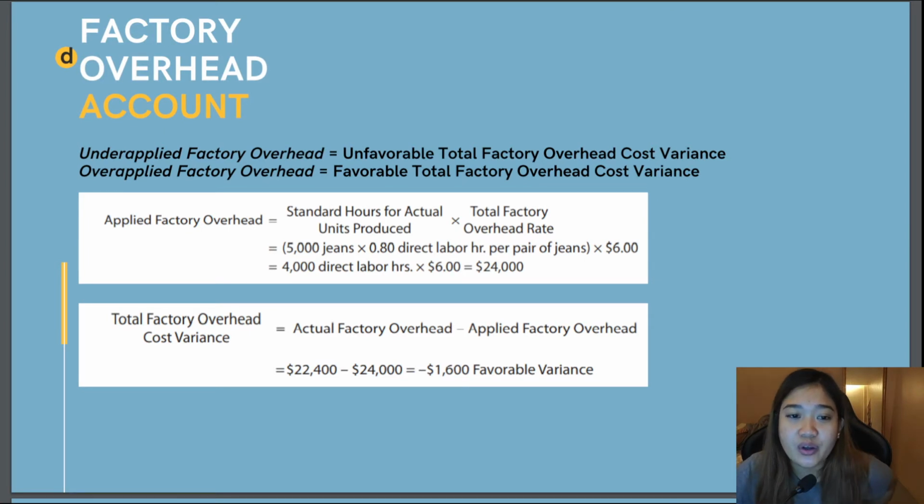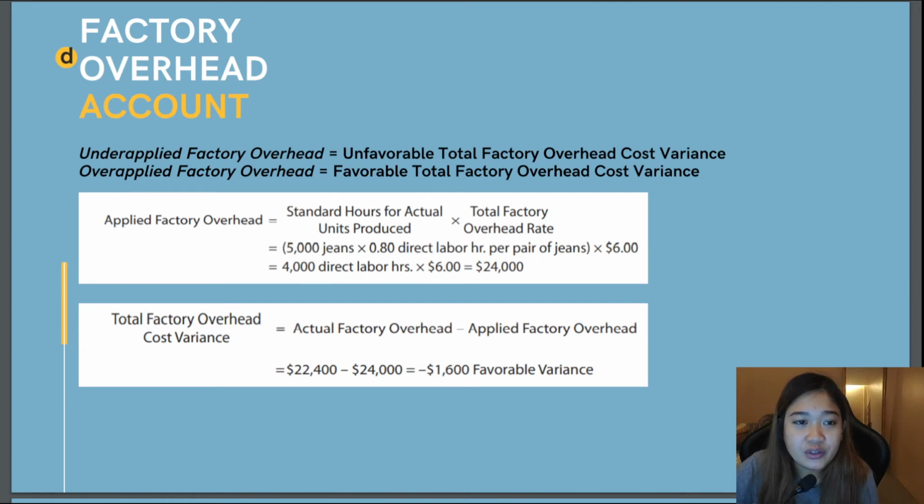So, reporting factory overhead variances. To determine the factory overhead cost variance, the sum of the variable factory overhead controllable and fixed factory overhead volume variances is the total factory overhead cost variance.